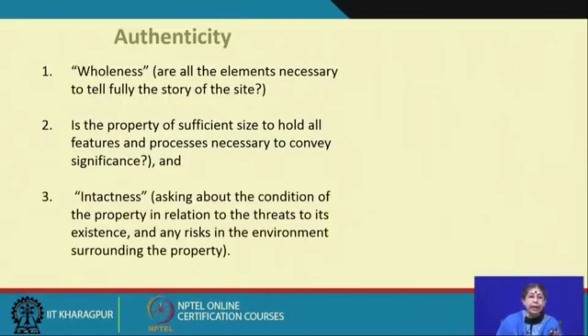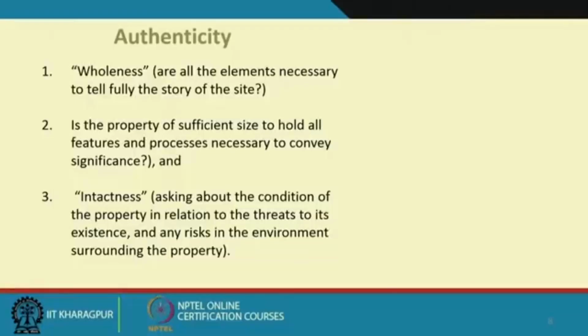And intactness asks about the condition of the property in relation to the threats to its existence and any risk in the environment surrounding the property. So, this wholeness, whether the size is enough to show all the necessary features, and the intactness are important parts of authenticity.